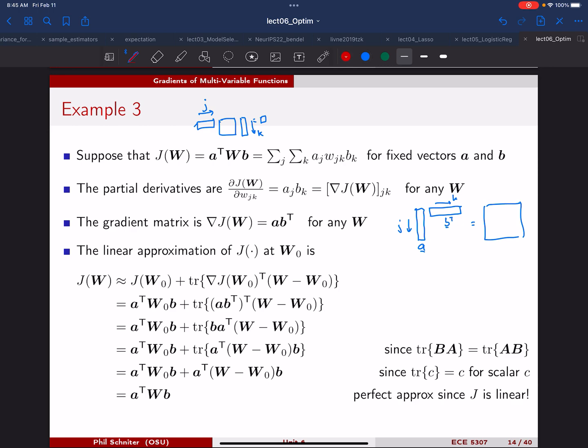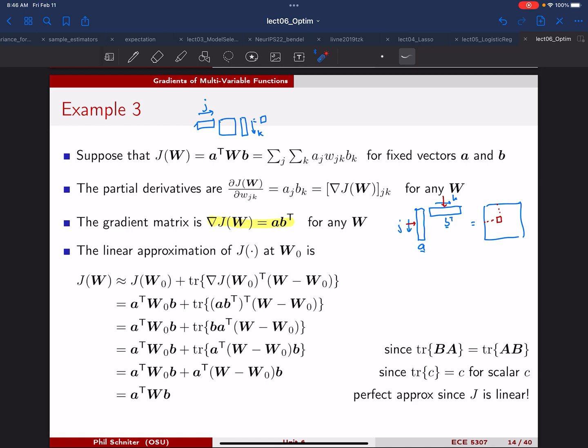And if you think about what happens when I look at a particular coordinate of A and a particular coordinate of B transpose, that's going to give you a particular coordinate in this matrix. And that particular coordinate in the matrix is exactly this one. Okay, so finally, we have that our gradient matrix is this. Sometimes we call this an outer product of two vectors, it takes us into the matrix domain.